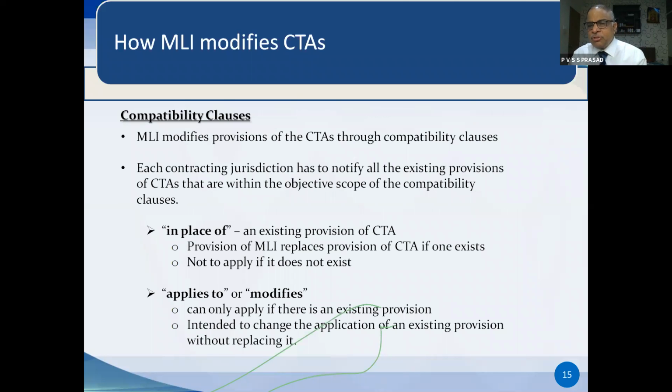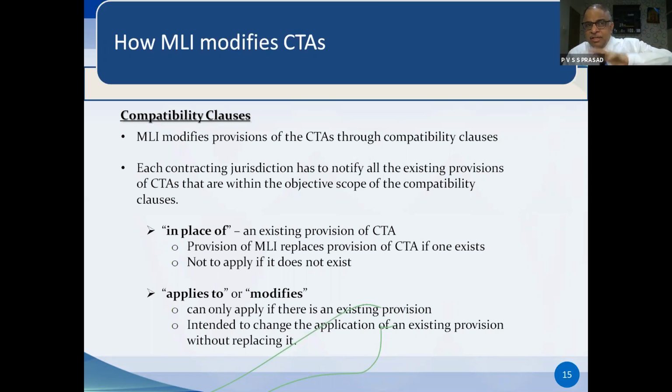And the compatibility clauses, which I explained a little earlier: what does "in place of" mean? If "in place of" is used in a particular article of the MLI and that clause is taken as an option by the treaty partners, it will come and replace the existing provision of the treaty. There must be an existing provision, only then would this apply.